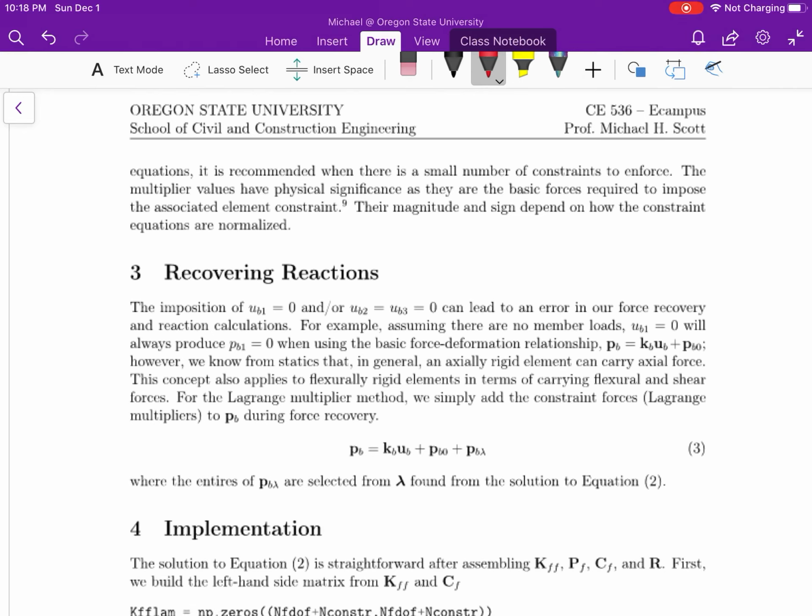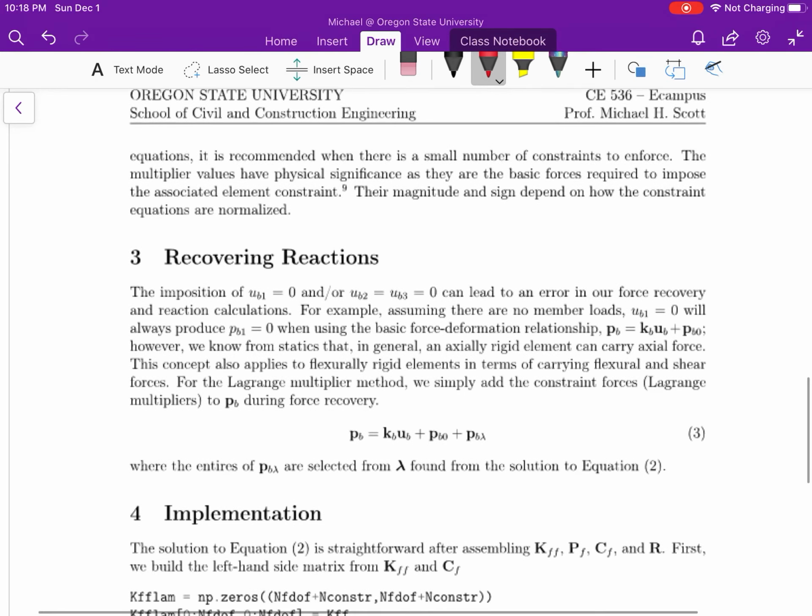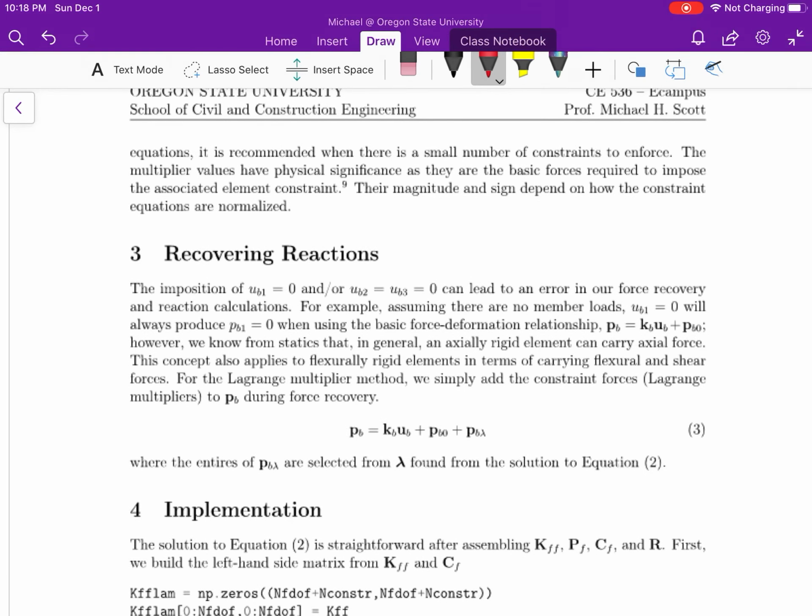But once we solve for those lambda values, which we'll show in an example, we need to use those to recover the reactions. The way to do that is to map each Lagrange multiplier onto a basic force of the constrained elements.